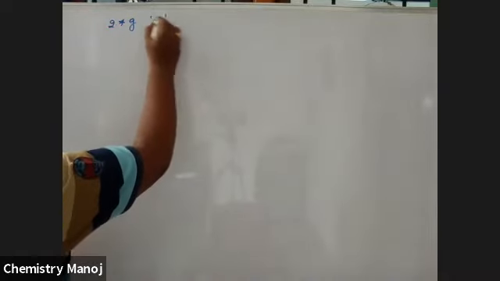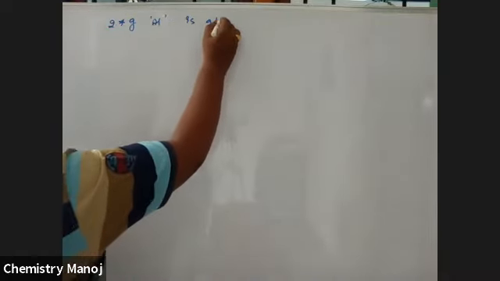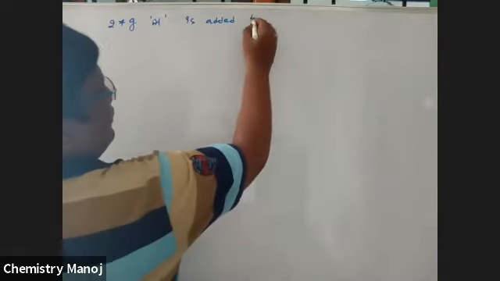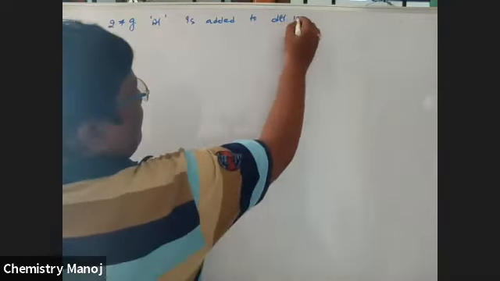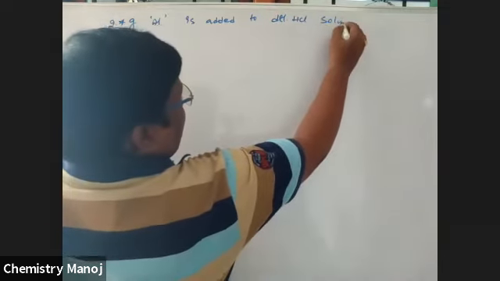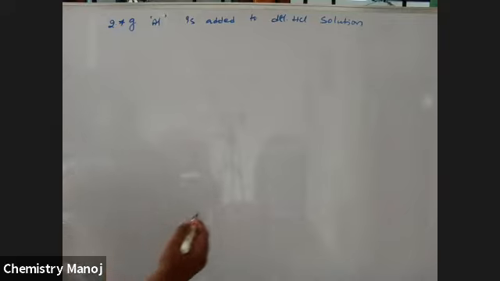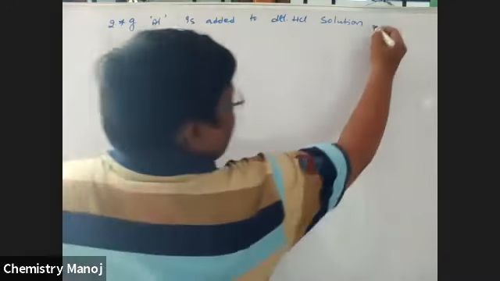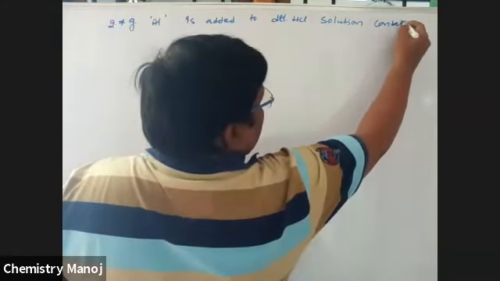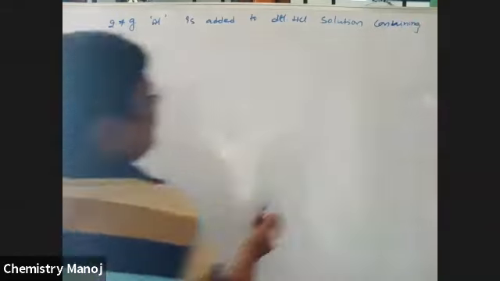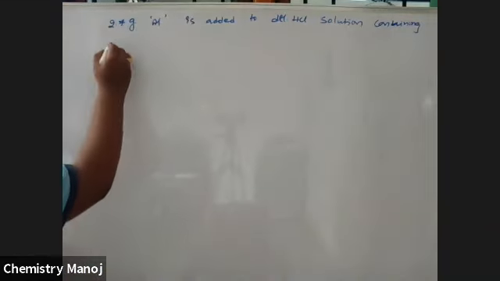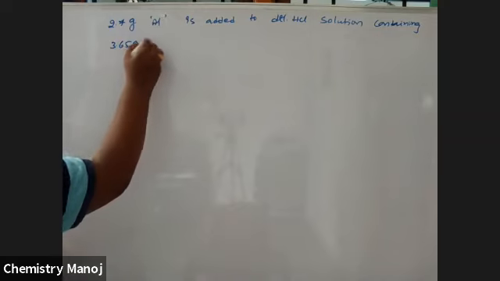2.7 grams aluminum is added to dilute HCl solution containing 3.65 grams HCl.